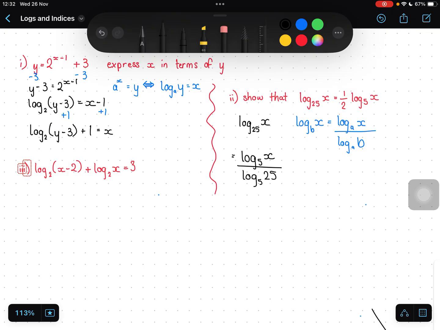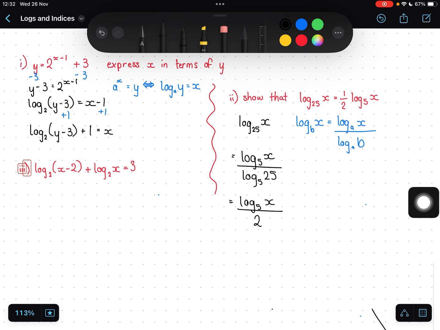Now if I do that, can I simplify the top line? So log base 5 of x, no, can't simplify it because it has an x in it. So that's just going to be log with my base 5 of x over log with a base 5 of 25. Can I solve that? Yeah. I can put it into my calculator, or I can know that it's asking me 5 to the power of what gives me 25?